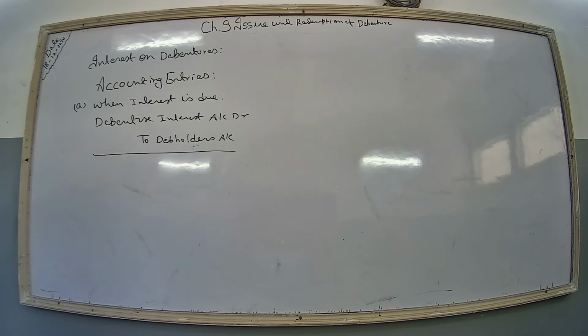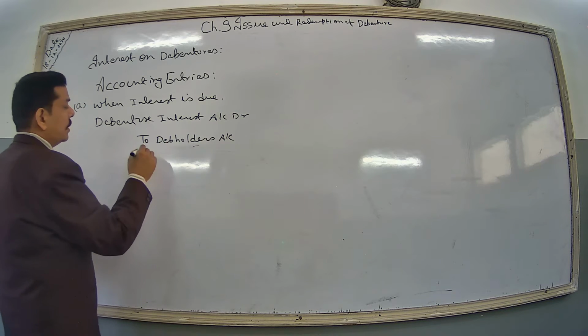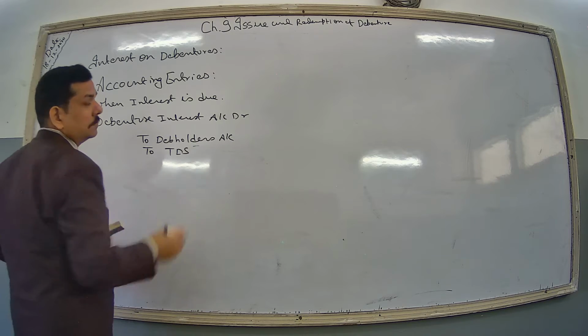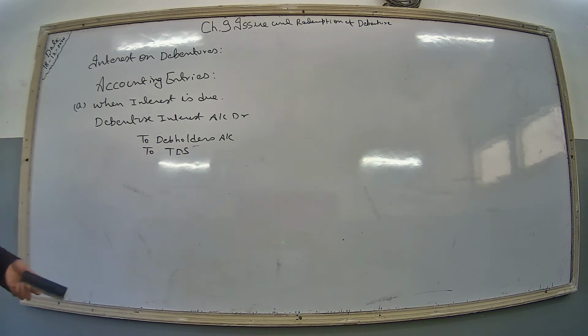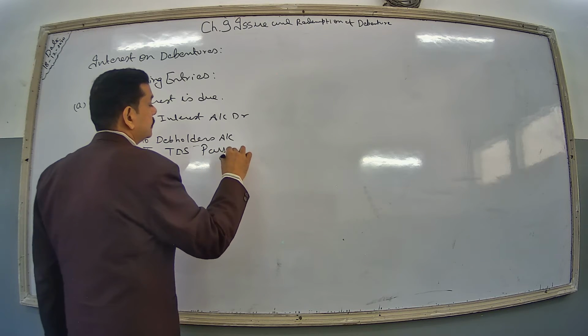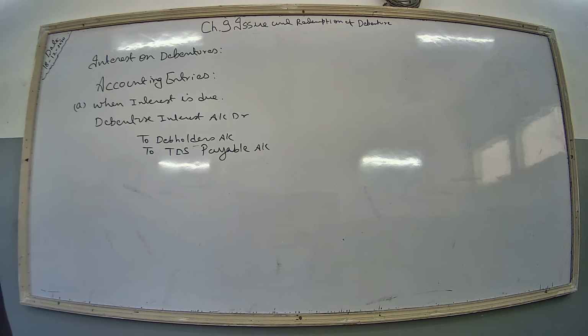When tax is also deducted, here it is written: debenture interest account debit, to debenture holders, and to tax deducted at source, or to TDS payable account.